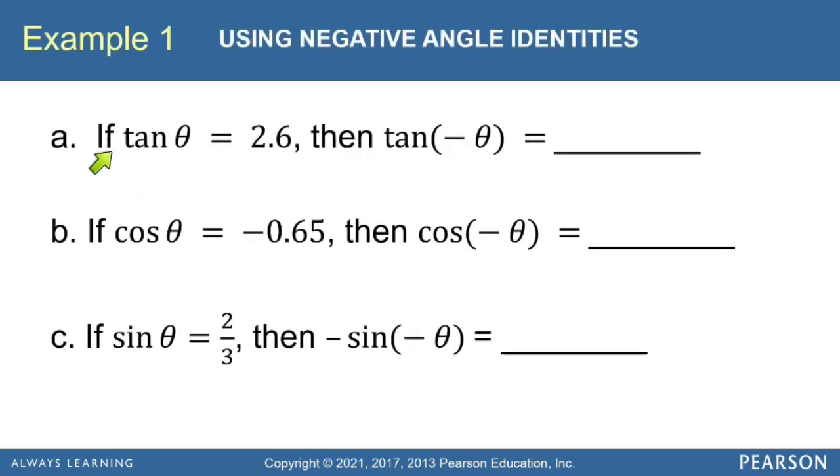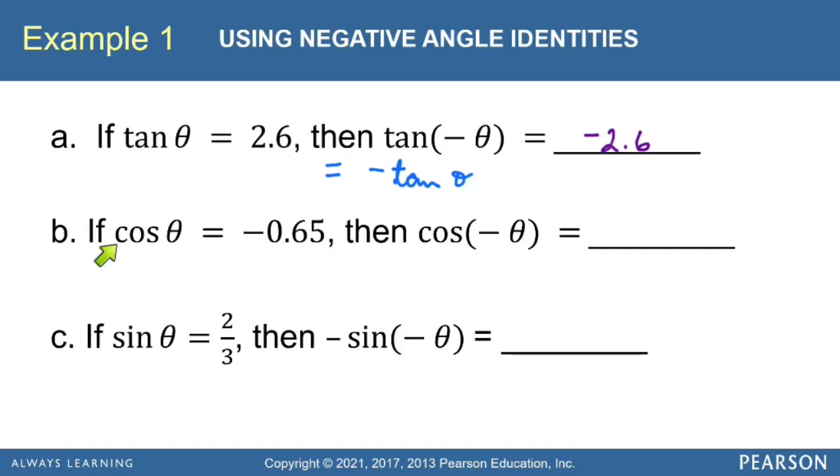It says if the tangent of theta is equal to 2.6, then the tangent of negative theta is equal to blank. From our negative angle identities, the tangent of negative theta is equal to the opposite of the tangent of theta. So if the tangent of theta is 2.6, the opposite of that is negative 2.6.